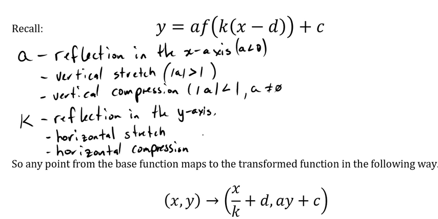When the number is greater than 1, it's which? Horizontal compression. Okay, so that's absolute value of K greater than 1. So it's opposite of the other kind. Thank you, very good. And the absolute value of K less than 1 is when it's a horizontal stretch.